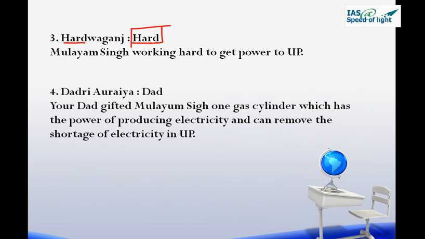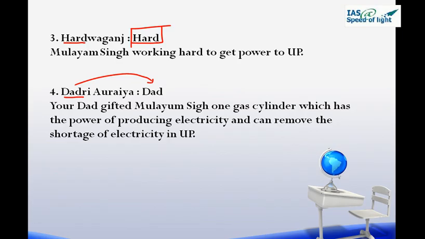Dadri Auria, Dadri Auria, and from Dadri we get dad, okay, your dad or your father. So your dad or your father gifted Mulayam Singh Yadav one gas cylinder which has the power of producing electricity, okay, and that can remove the shortage of electricity in UP.